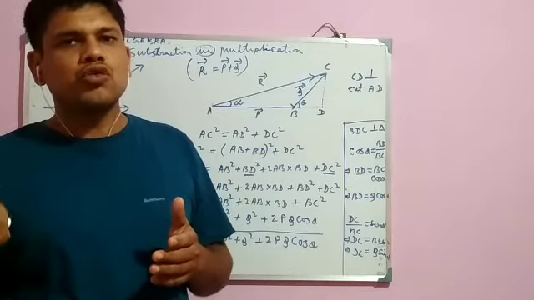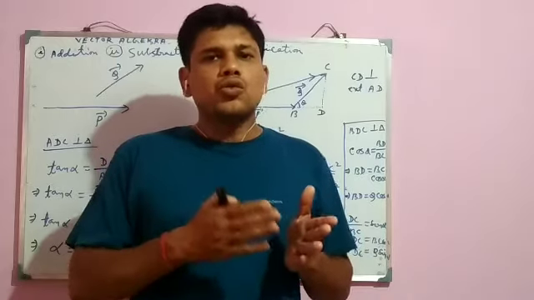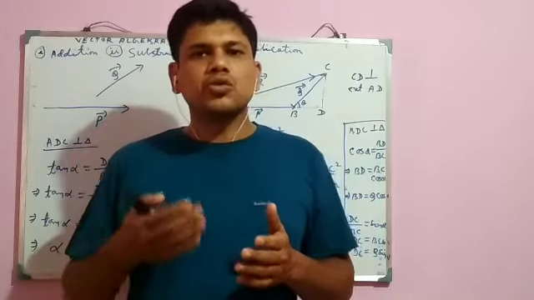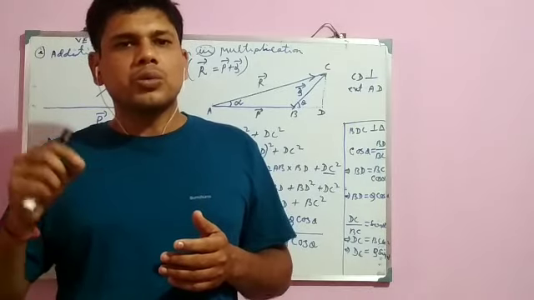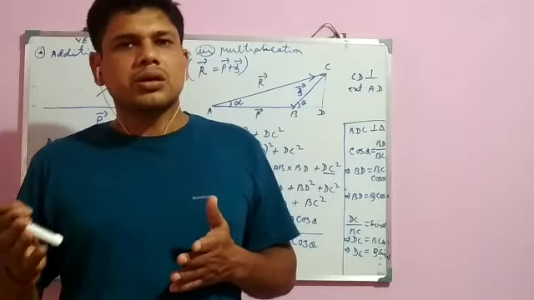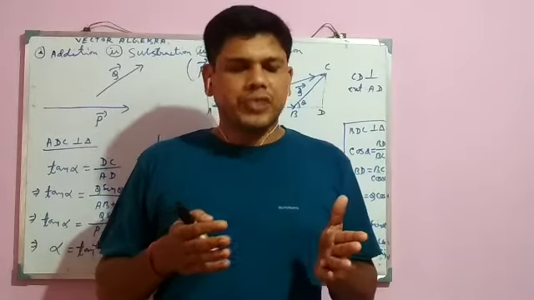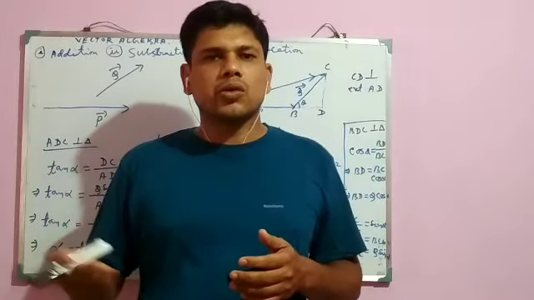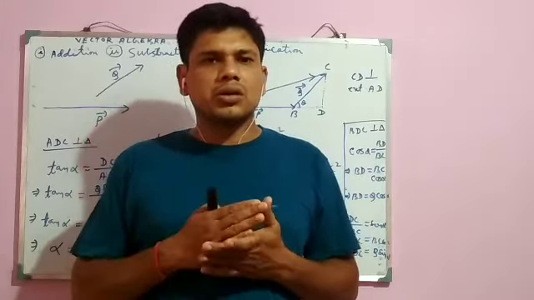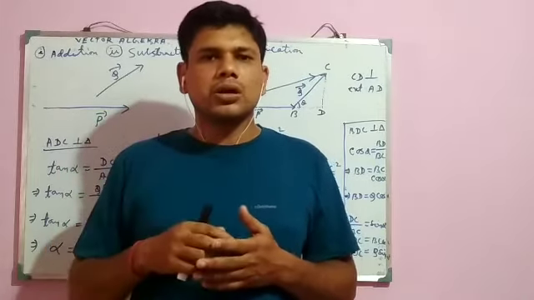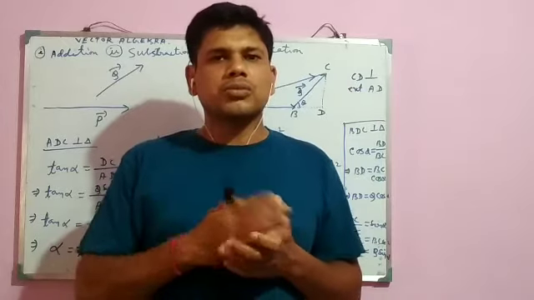According to the triangle law of vector addition, if two vectors, both in magnitude and direction, are represented by two sides of a triangle taken in the same order, then the third side, or closing side, taken in the opposite order gives the magnitude and direction of the resultant of those two vectors.